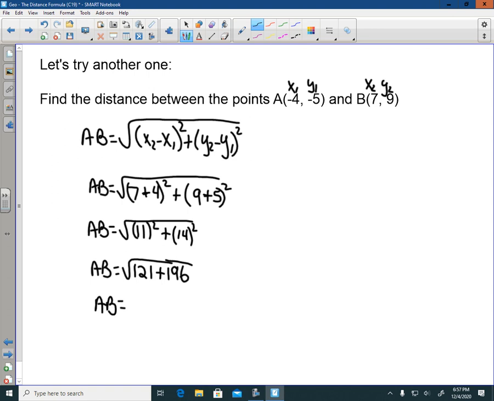Okay, one step to go, or two if you want to turn it into a decimal. AB is going to be the square root of 121 plus 196, which is 317. Okay, take the square root. AB is the square root of 317, and that is about 17.8.